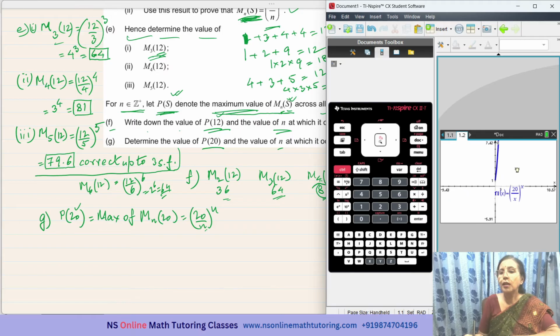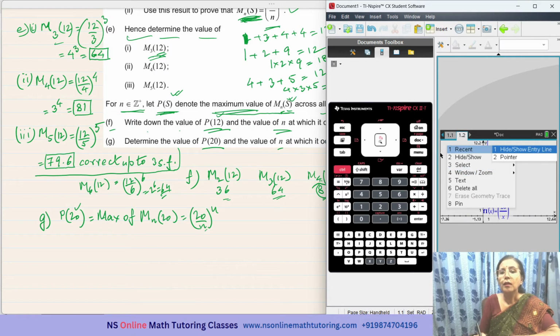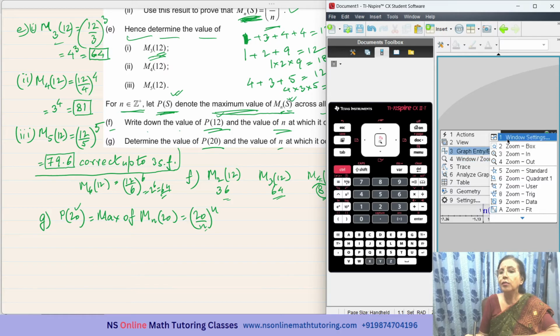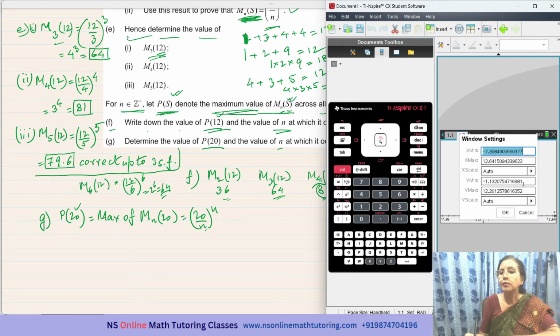I am not seeing any graph. Let me go to menu and then window settings. Let me change the Y values. The X will be all positive real numbers, so I'm not disturbing the X values right now. I am more concerned with the Y values.